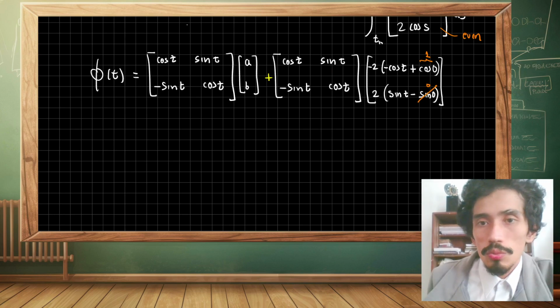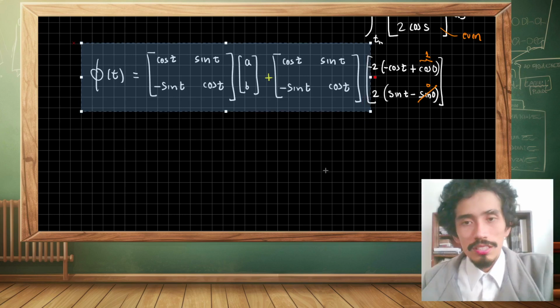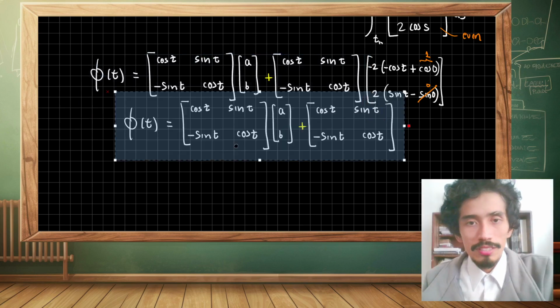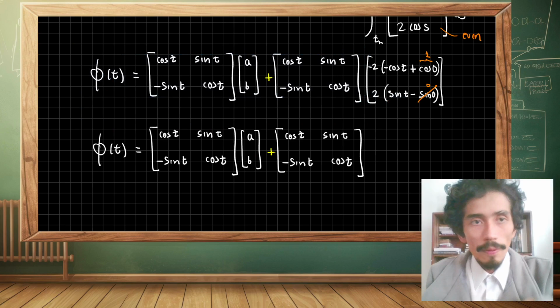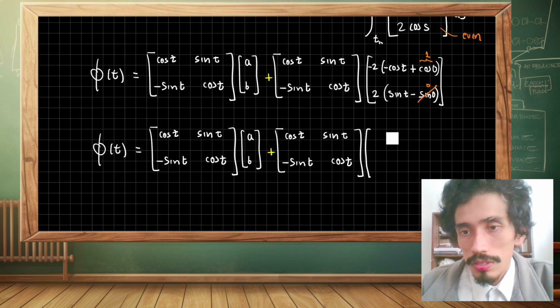So we perform this. Let's copy it once again, just to have everything clear. This column will be minus 2, let's multiply, 2 times cosine of t minus 2, and down you have 2 times sine of t.